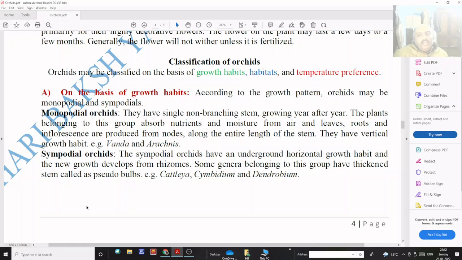The genera belonging to this group have a thickened stem called pseudostem. Important genera of this group are Cattleya, Cymbidium, and Dendrobium.